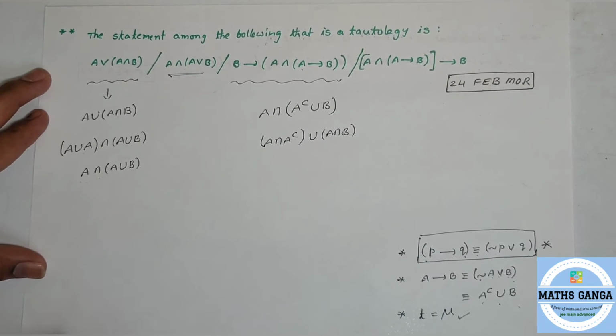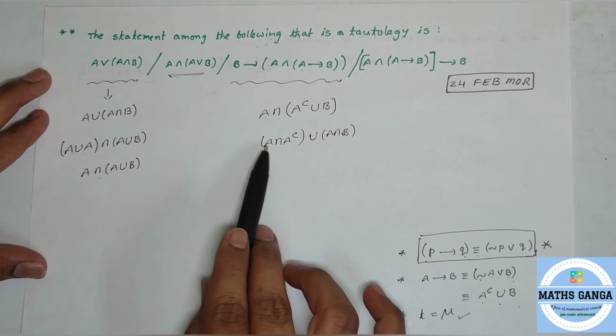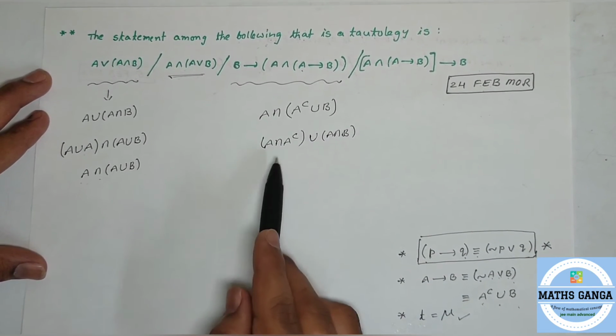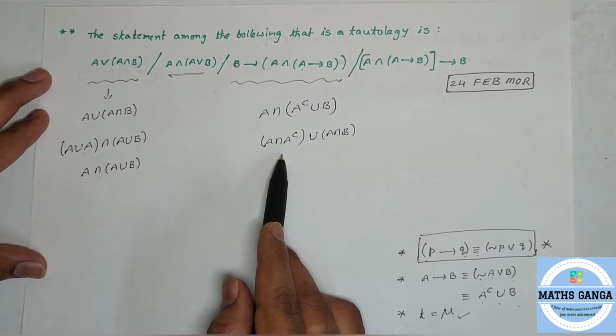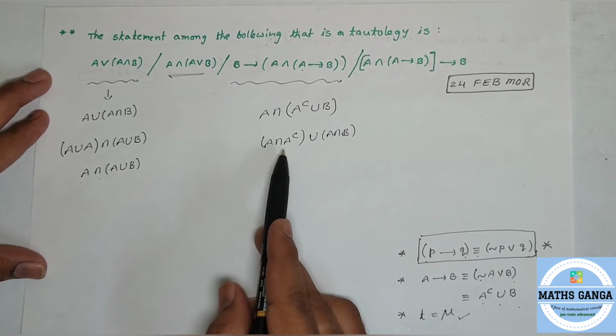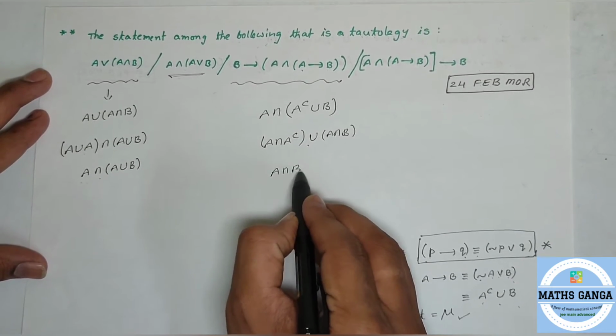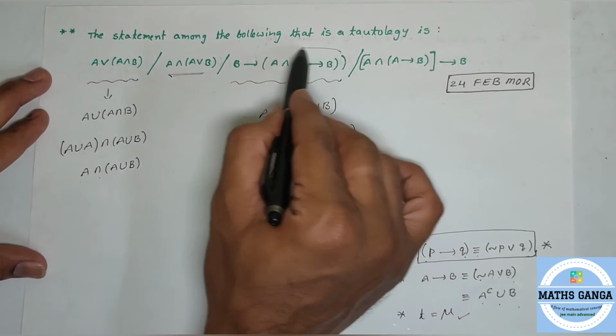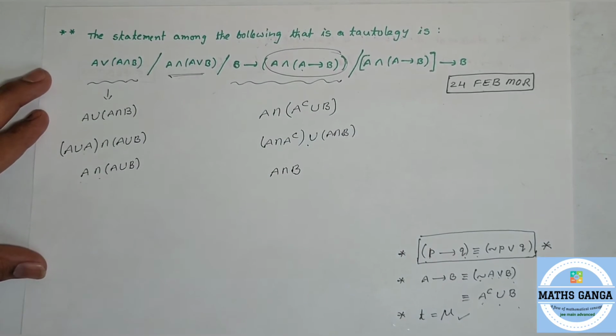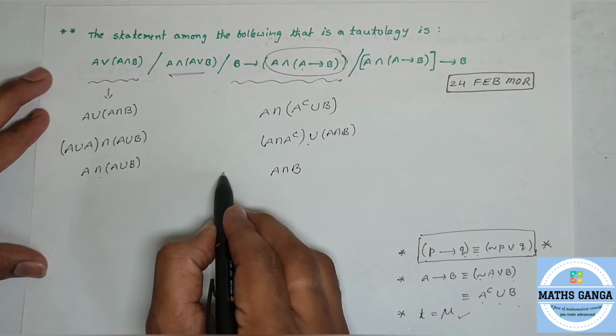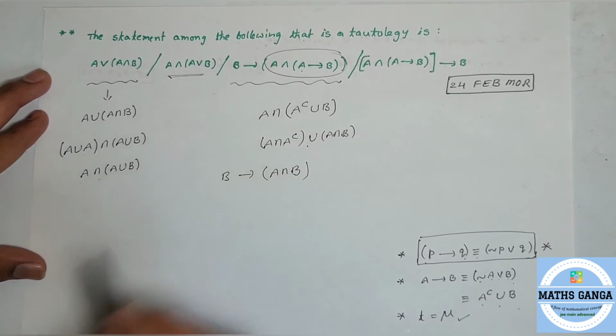A intersection A complement: common elements for A and A complement. Simply it is the empty set phi, so no elements are there. Just neglect it because we have union here, and on simplification this is A intersection B. So this part is A intersection B. And now we have B implies (A intersection B).